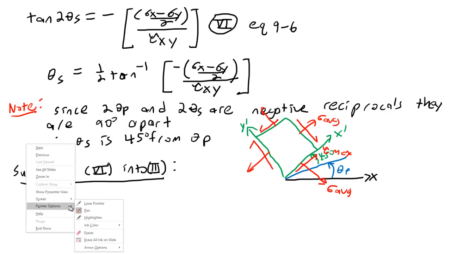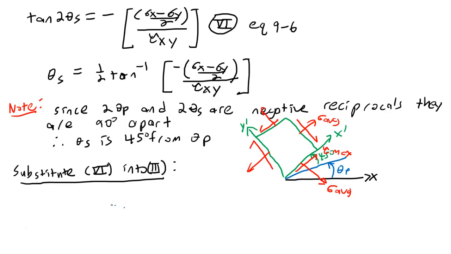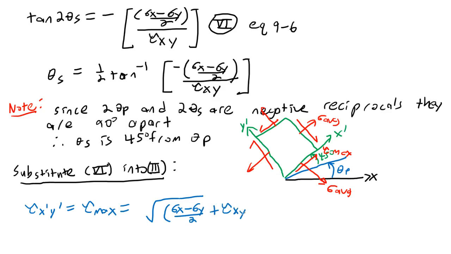We will get that tau x prime y prime equals tau max equals the square root of sigma x minus sigma y over 2, squared, plus tau xy squared.